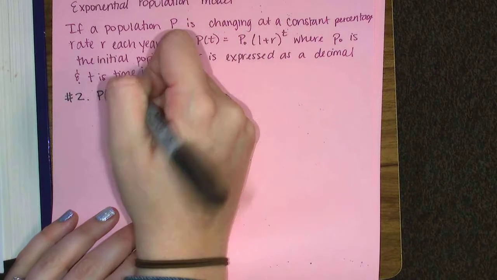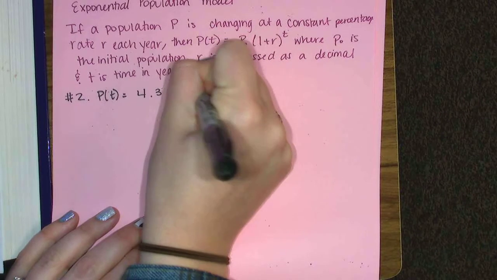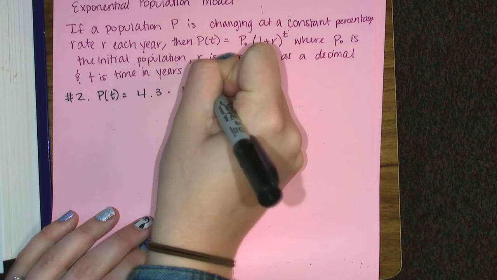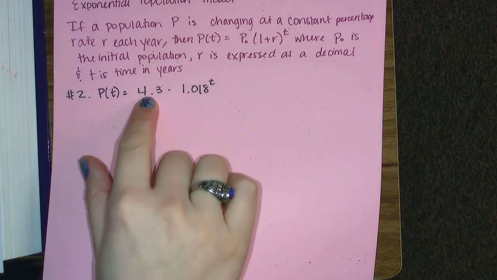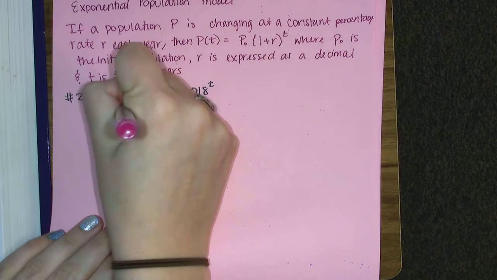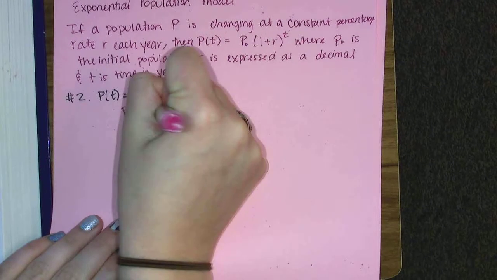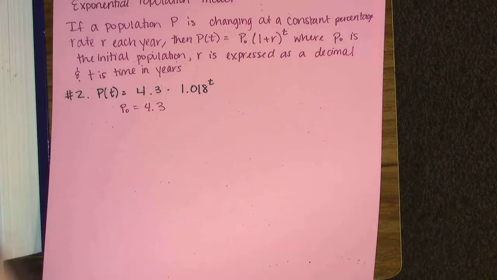P of t is equal to 4.3 times 1.018 raised to the t. Okay, so this 4.3 is our P sub 0. This is multiplied here.